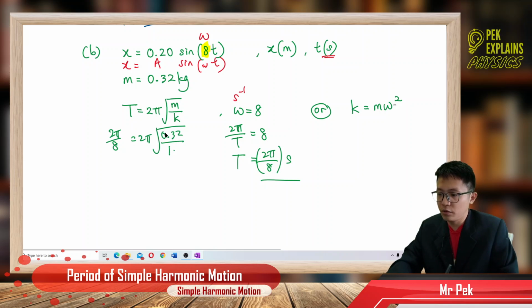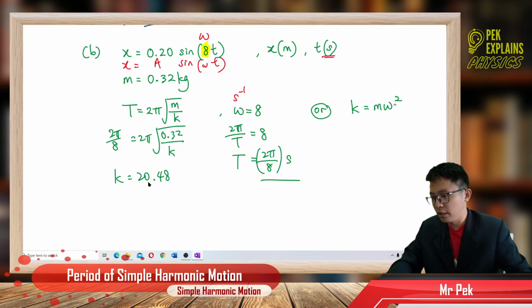So find my K, the spring constant. I can cut the common terms and then find the answer. The spring constant is 20.48. Because everything is in SI unit, there is nothing to worry about.